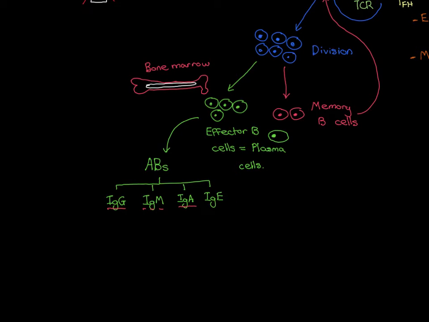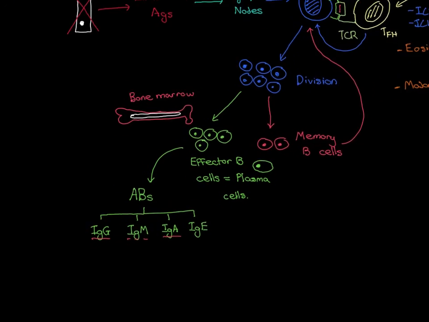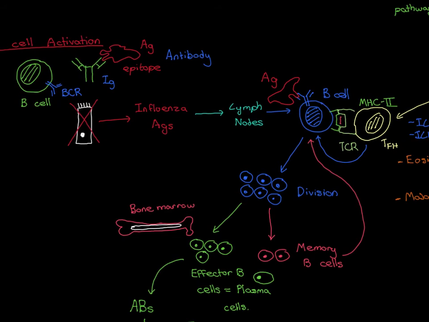So, what's the difference between these molecules? Well, they do have slightly different lower portions of the molecule. So, coming back to this picture of an immunoglobulin molecule here, up at the top is where the antigen binding site is, which is where they bind to a certain epitope of the antigen molecule. The lower portion of the immunoglobulin molecule, however, is not involved in binding to the epitope of the antigen molecule.